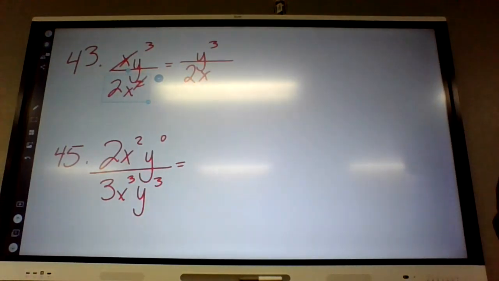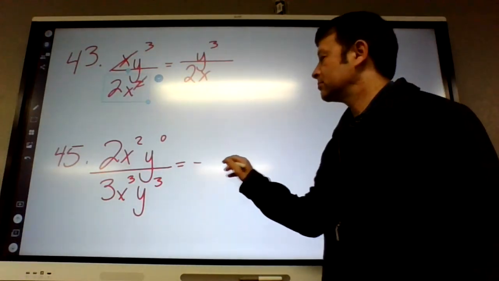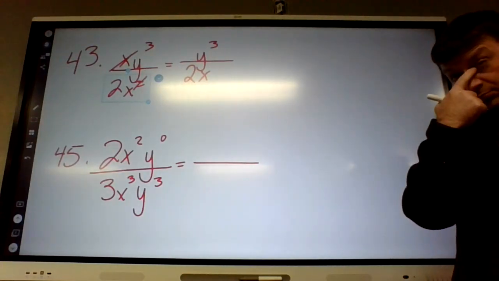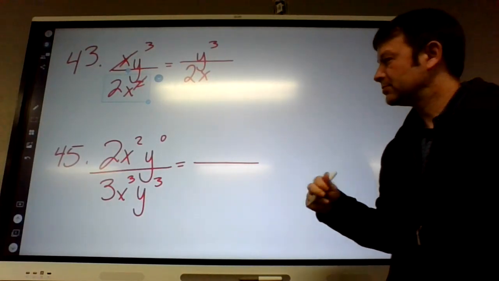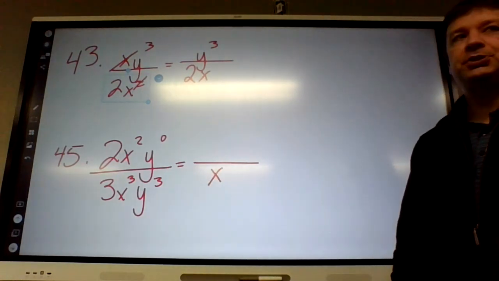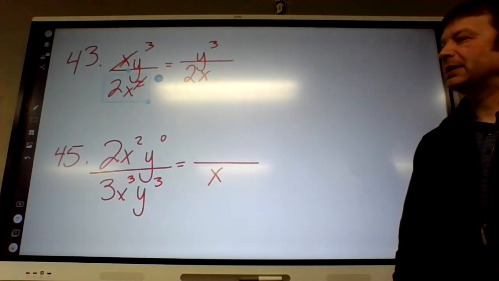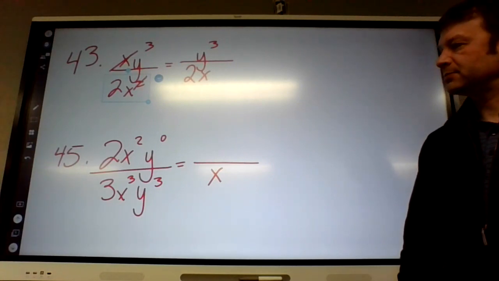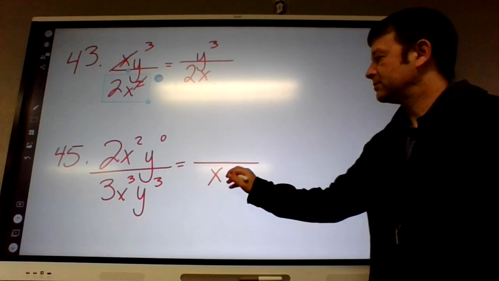All right, Eli, what do you think? Would it be x would be on the bottom? X is on the bottom. And one of those, and then y would also be on the bottom. Y to the third, x, y to the third.